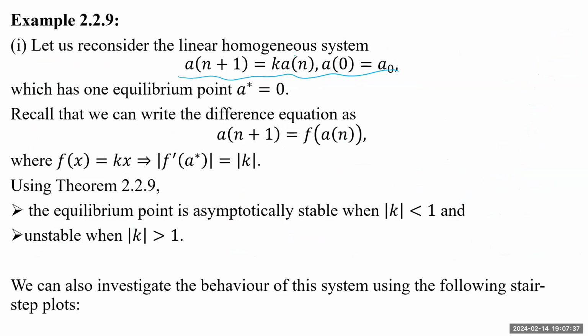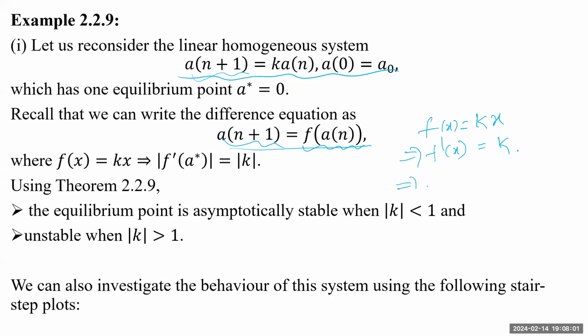A of n plus 1 is equal to k of a_n. Recall that a_(n+1) is equal to f of a_n, and you can consider this as f of x is equal to kx. What is the derivative? f dash of x is equal to k.